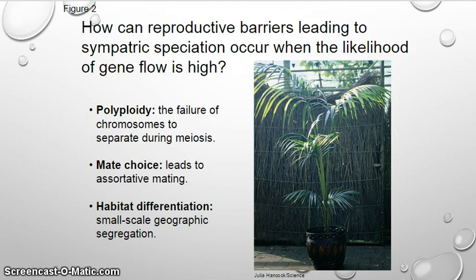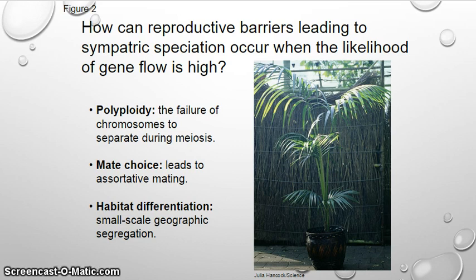So the last one is polyploidy, and that's the failure of the chromosomes to separate during meiosis. So one example you can keep in your mind is that we talked about meiosis and how meiosis is a process by which diploid cells become haploid cells. They reduce their chromosome number by half.